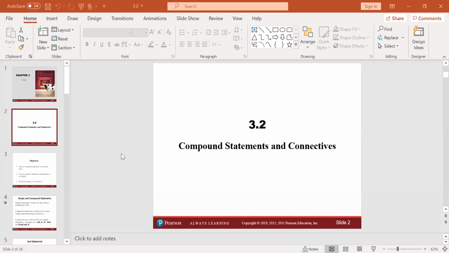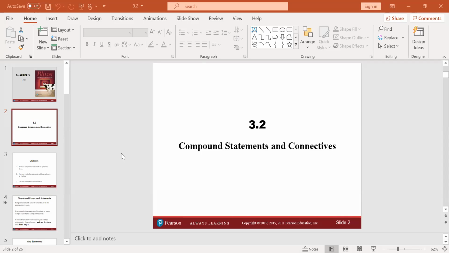There it is. We're going to talk about things called compound statements and connectives. Everything we dealt with in the last section, this is now section 3.2, was basically a simple statement, a statement that really just makes one single claim. All poets are writers. That's very simple.